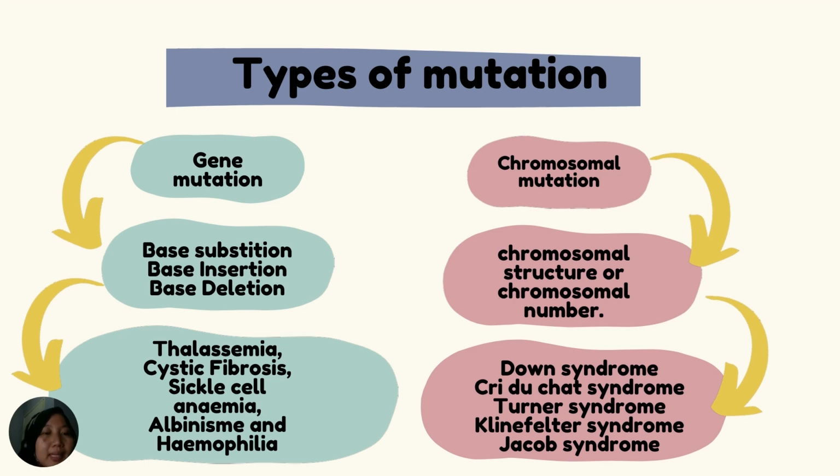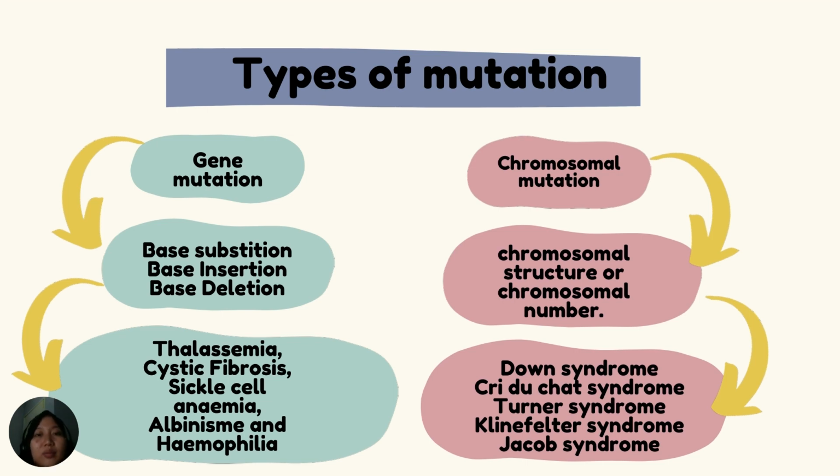And this gene mutation can cause diseases such as thalassemia, cystic fibrosis, sickle cell anemia, albinism, and also hemophilia. So these are a few diseases caused by gene mutation.